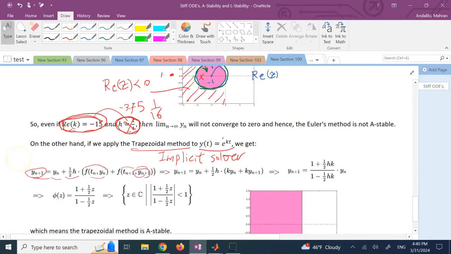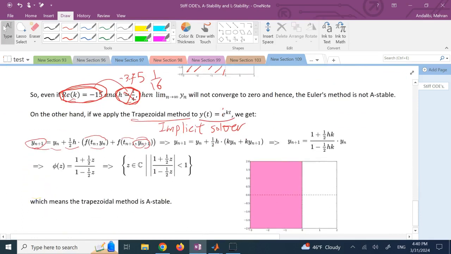So what happens to this implicit solver? In this case, the f function is very easy, simply k times whatever is inside of it. So this f is going to be k times y_n, and this one is going to be k times y_{n+1}, right? So your equation is y_{n+1} equals y_n plus h over 2 times k times y_n, and then plus h over 2 times k times y_{n+1}.